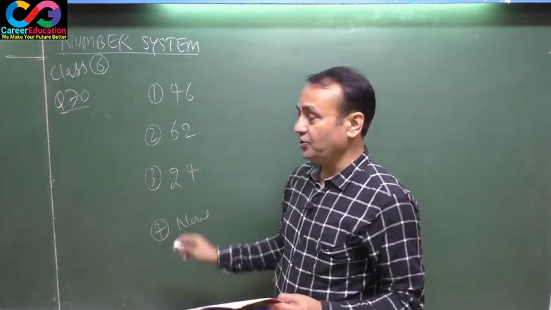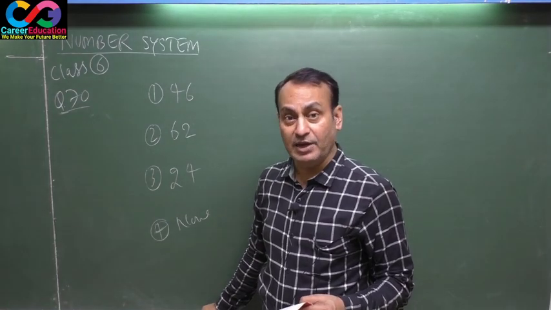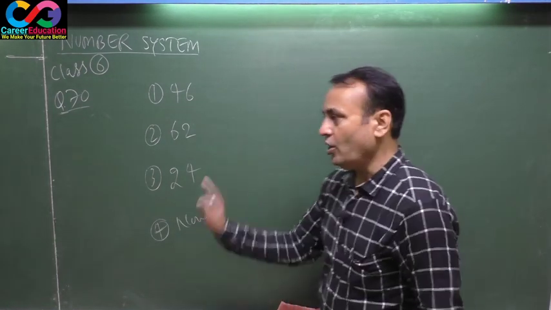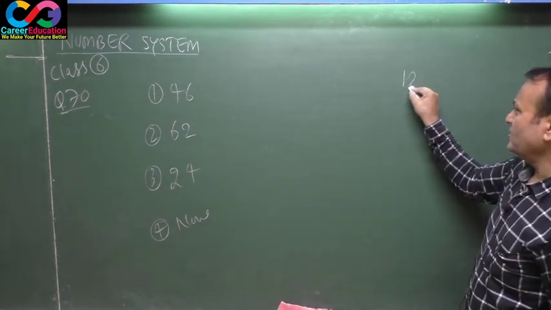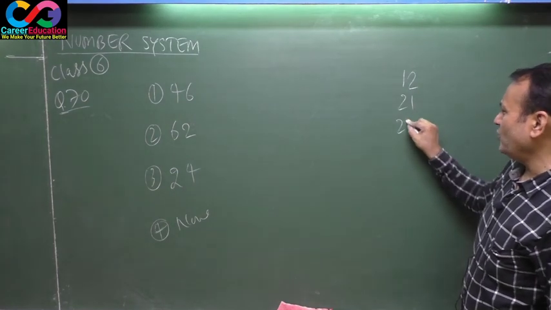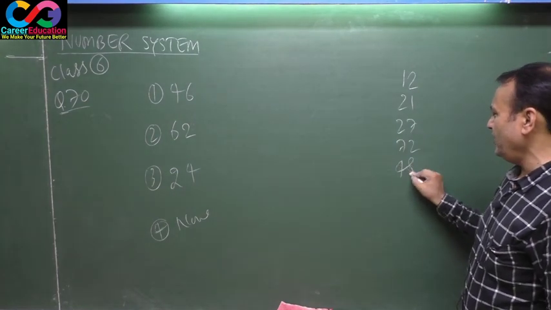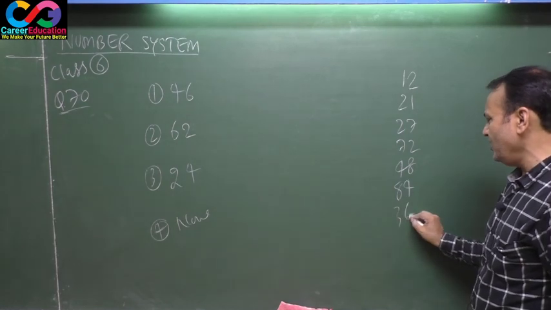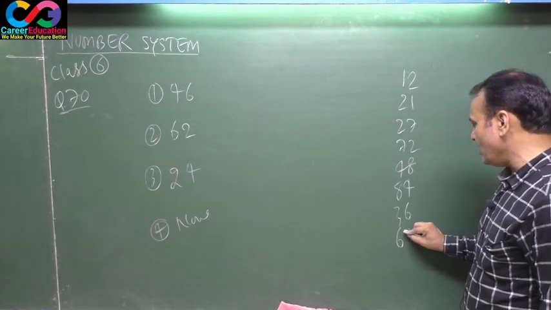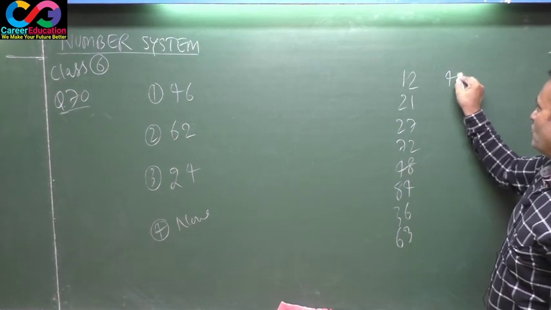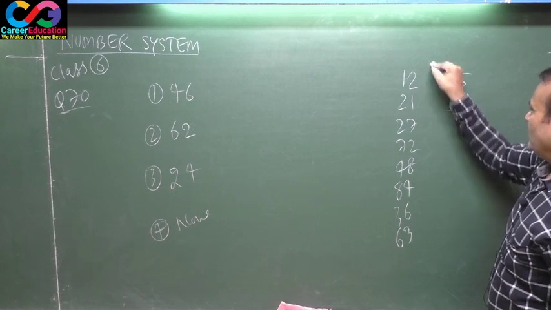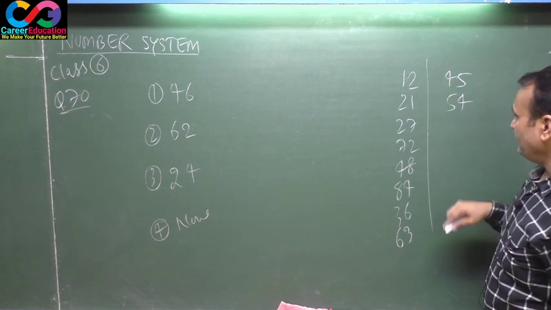I have already dictated some important numbers that may be your answer in such type of questions. Those numbers were like this: 12, 21, 27, 72, 48, 84, 36, 63, 24, 42. Questions are based upon these numbers most of the time.